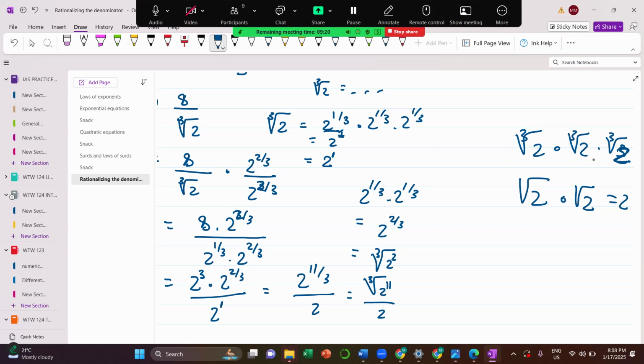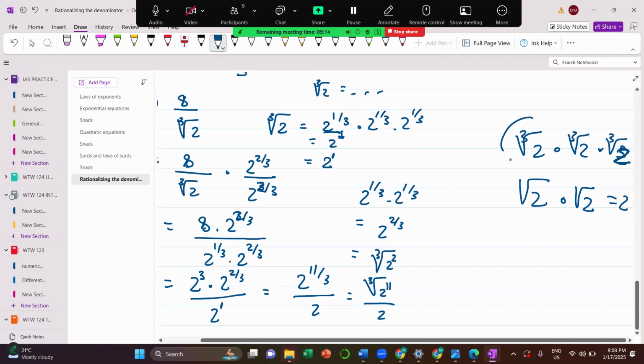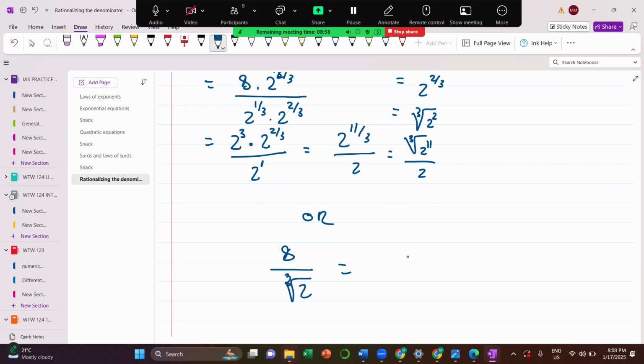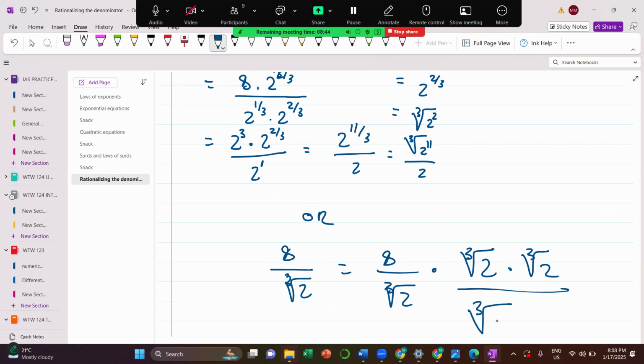So this means that I already have this one there, so I have to multiply it by only 2 others at the bottom and at the top. So this means that you could have just rewritten this as 8 over cube root of 2 being equal to 8 over cube root of 2 times the other two, cube root of 2 times cube root of 2, all over cube root of 2 times cube root of 2.